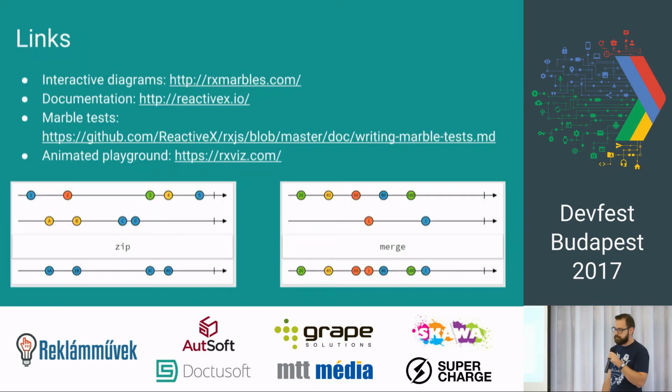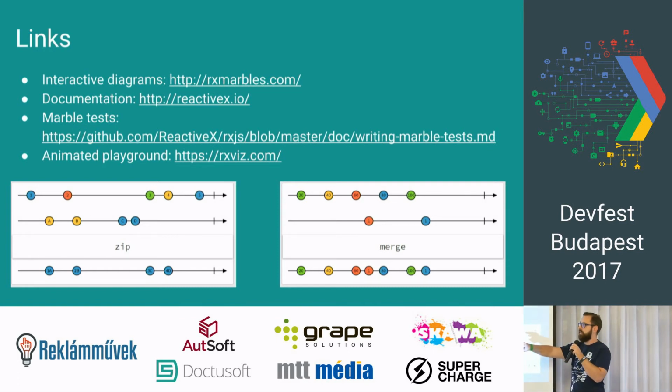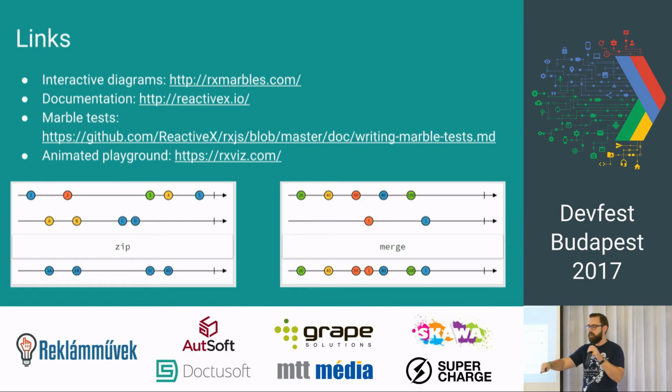And I'm suggesting that you take a look at RxMarbles. If you have ever worked with Rx, basically you will know it. But if you don't, it's very good. It has a lot of operators in interactive diagrams, so it explains well what they do and how.